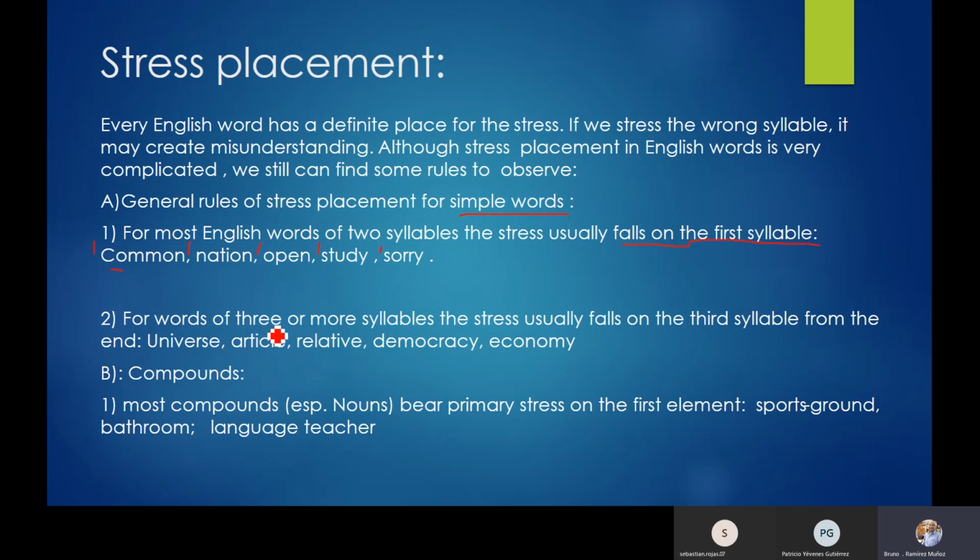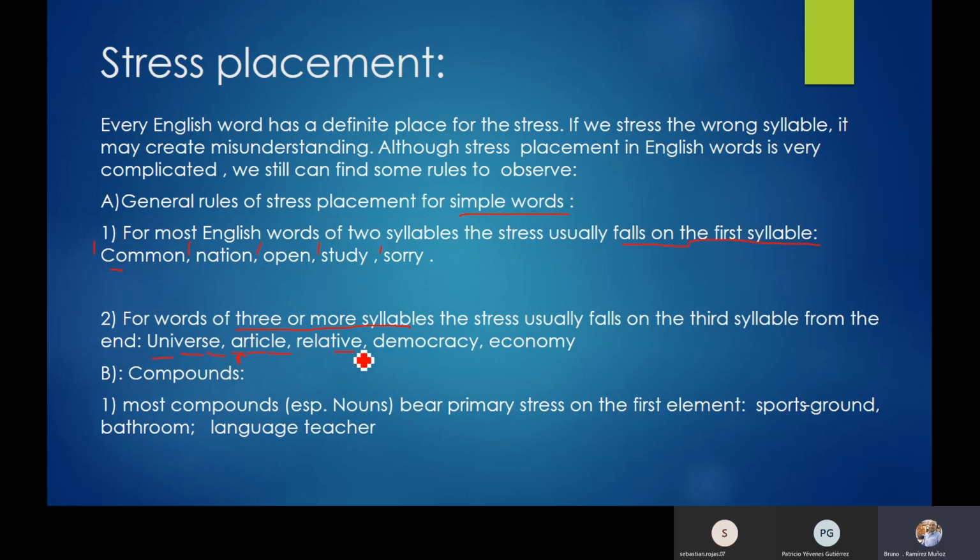Okay, and for words that have three or more syllables, the stress will usually fall on the third syllable from the end, from right to left. So universe: one syllable, two syllables, and this is the third syllable from right to left. Universe. The same with article. Article, the first syllable is stressed.